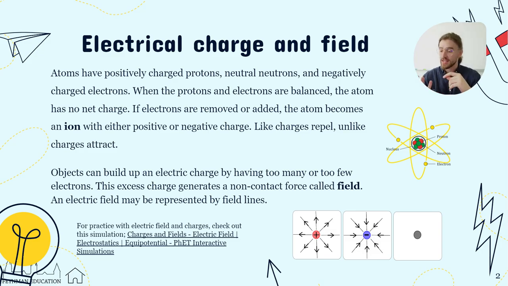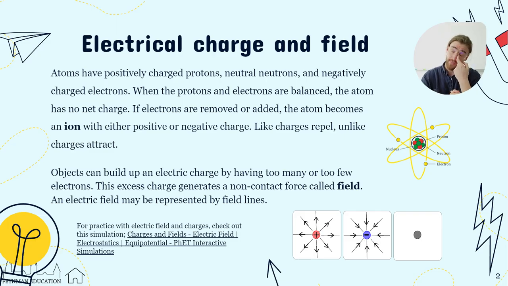Okay, so we know that atoms are made up of positively charged protons, negatively charged electrons, and neutrally charged neutrons. When there is an equal amount of positive and negative charges in an atom, we say that atom is neutral. It has no charge.